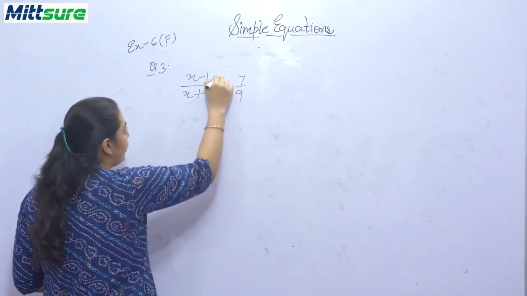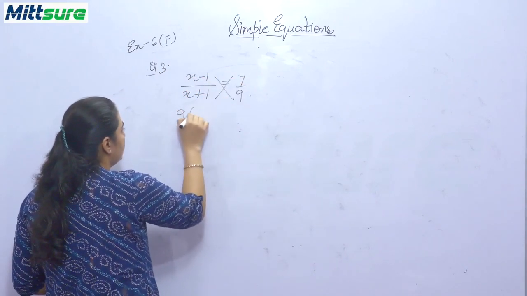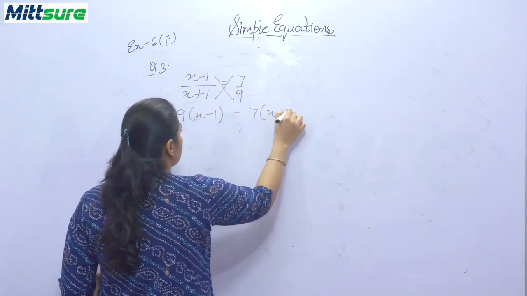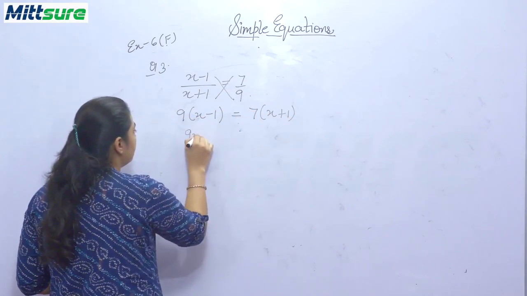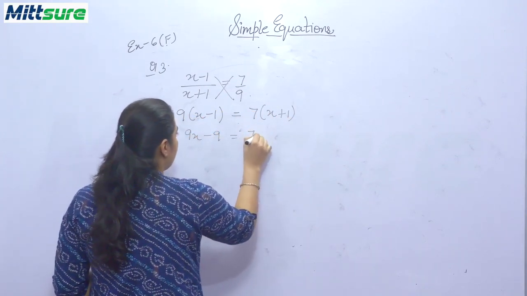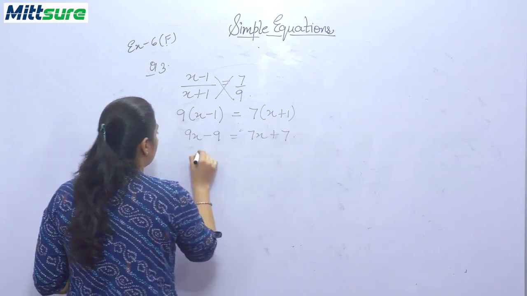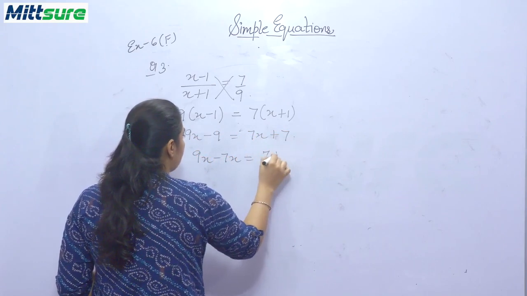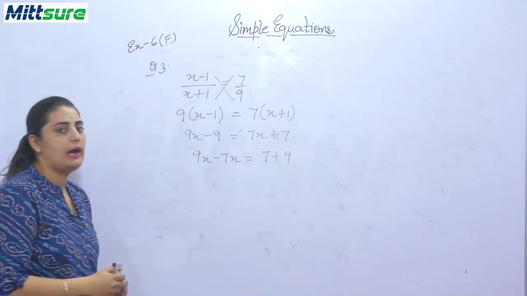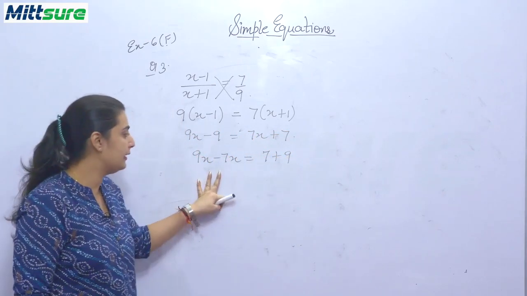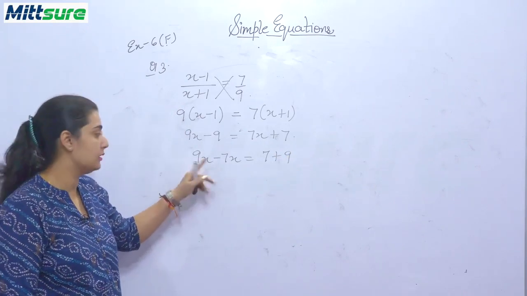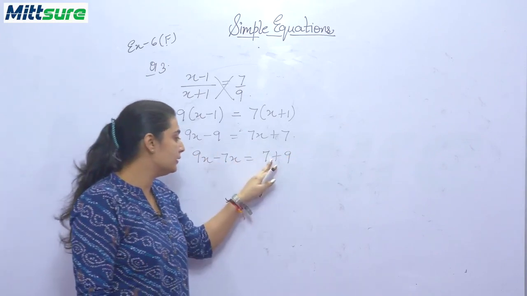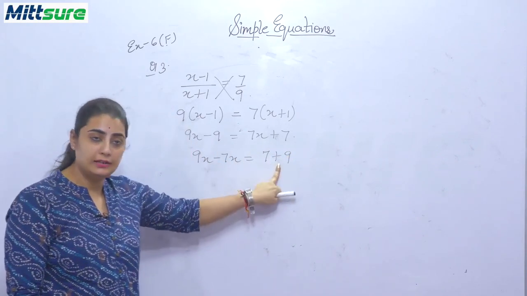Now we will cross multiply: 9 into x minus 1, 7 into x plus 1. 9x minus 9, 7x plus 7. So 9x minus 7x equals 7 plus 9. What I have done here is get all the like terms to one side of the equation. The variable terms are on the left hand side and the constant terms are on the right hand side.